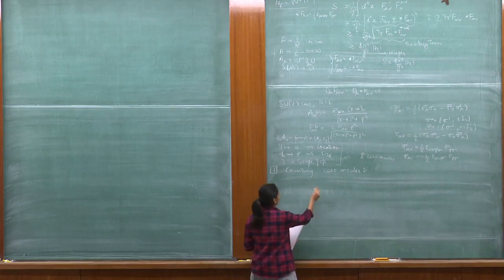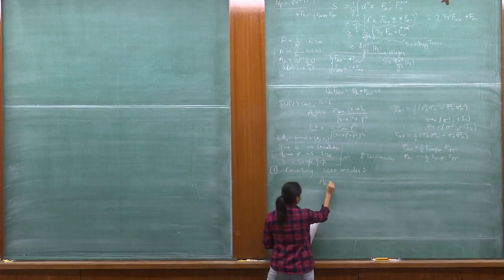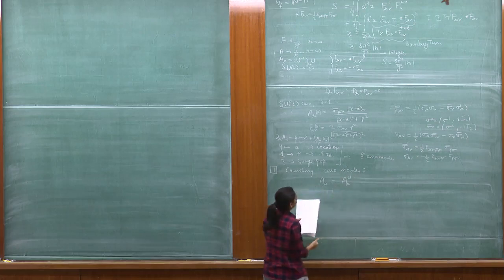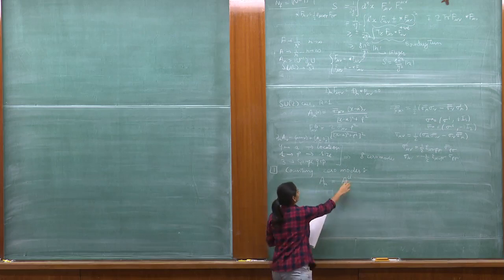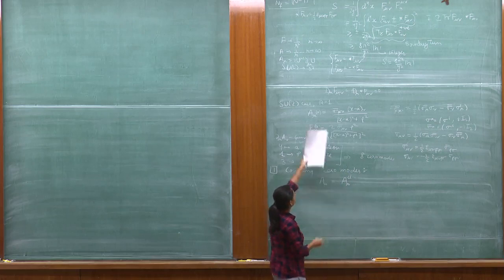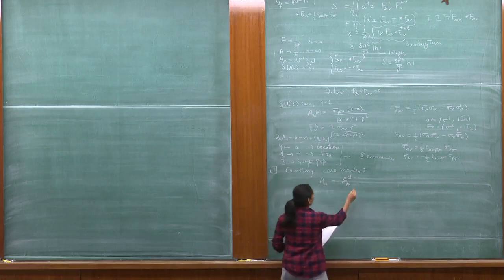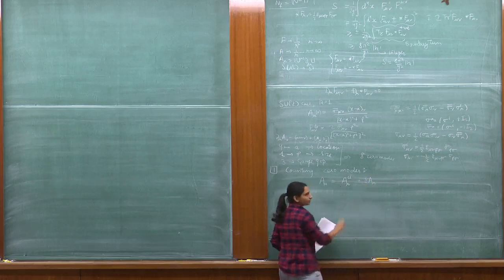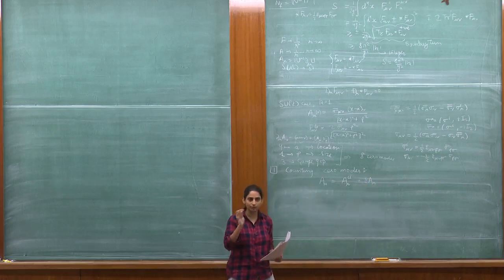Let's say A_mu is some general configuration. I can write this as A_mu classical, which is basically this ansatz. Then I want to look at fluctuations around these solutions, and these fluctuations have to be such that they are still instanton solutions.